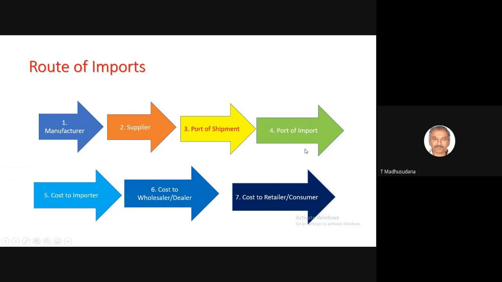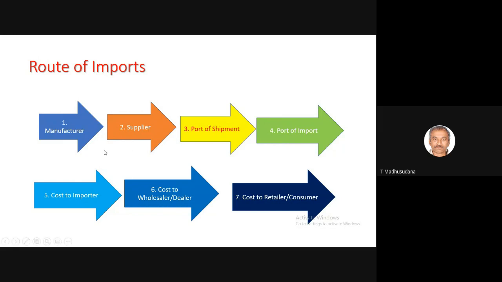That means up to the fourth stage, manufacturer, supplier, port of shipment, port of import, the goods will be under the control of the customs office, and all the customs duties are to be paid at this stage. All the customs duties and all the customs cesses, whatever is applicable, are to be paid by the concerned parties.